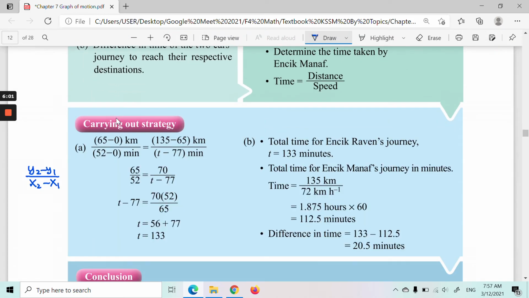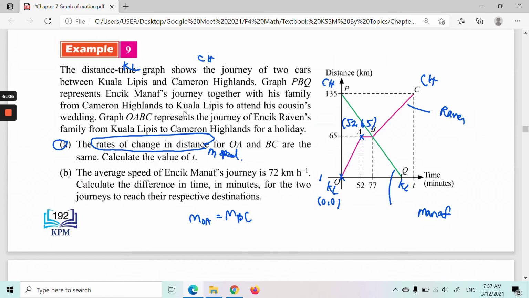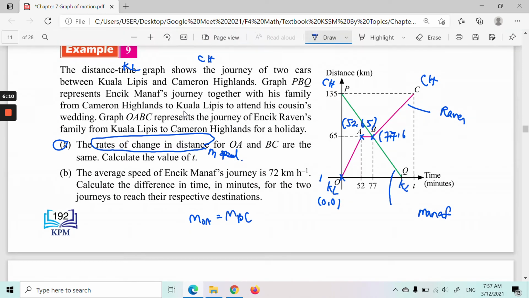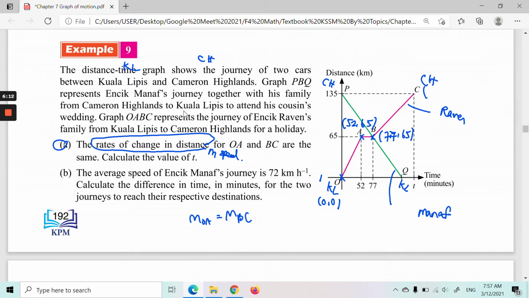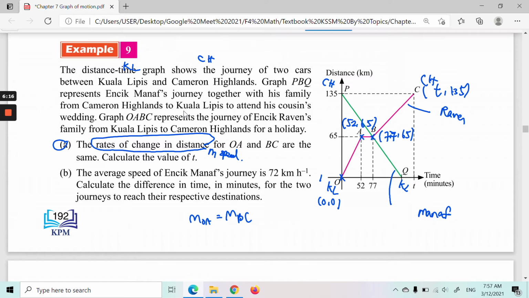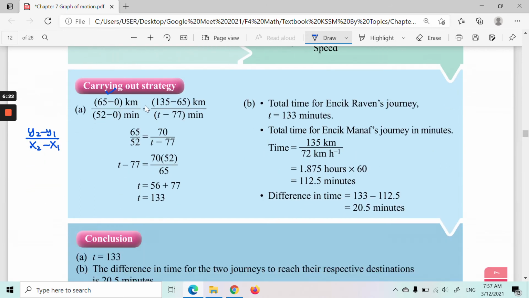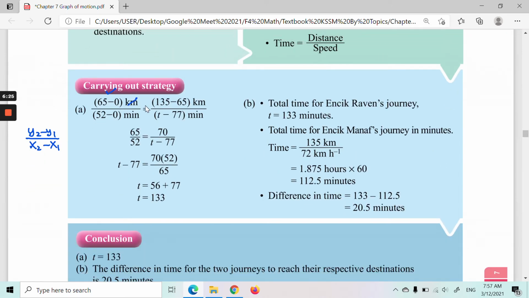So you get the first part, equals to another two more points. This point is 77, 65. This point is T, 135. So the next one will be 135 minus 65 divided by T minus 77. Just like this. So actually for this, the unit is not needed, right?